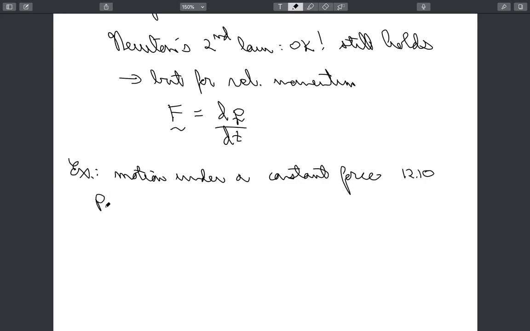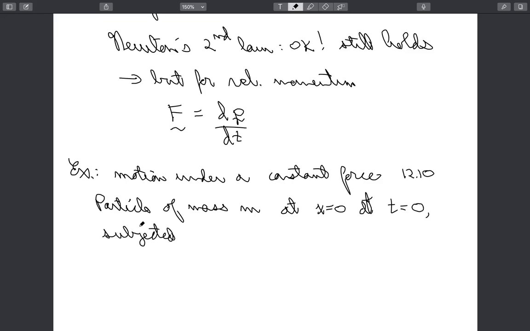A particle of mass m at x equal to 0, at t equal to 0, is subjected to a constant force F in the x hat direction.